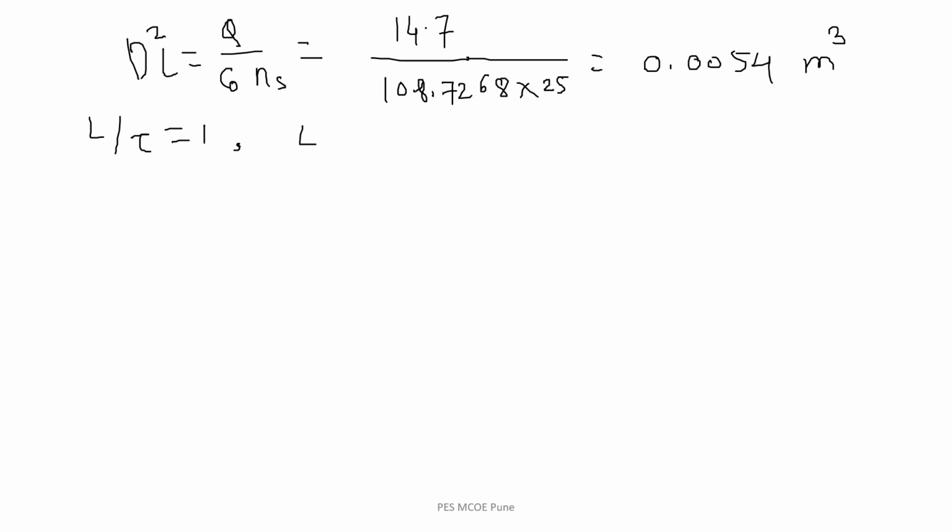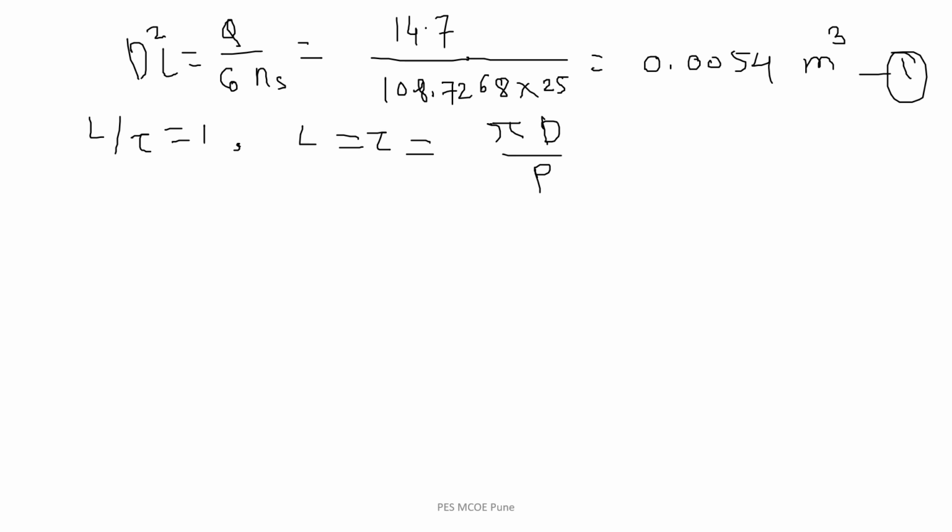So L is equal to tau from this expression. That tau can be calculated with the help of pi D by P, because tau is nothing but pi D by P. So put L is equal to tau is equal to pi D by P in this equation number 1.